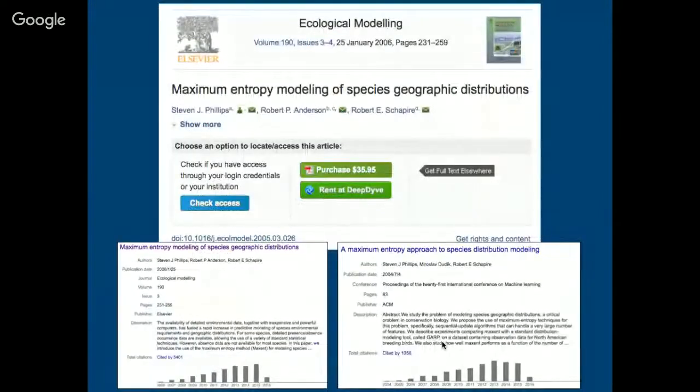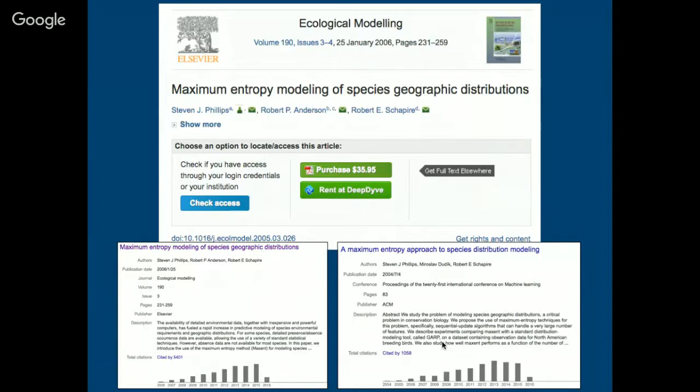Another important early paper, late paper or end of beginning paper, was this one. And actually there were a few early publications of the maximum entropy algorithm. Here's one by Stephen Phillips and Anderson and Shapire, published in Ecological Modeling. I wanted to include views of this paper, but of course it was published in an Elsevier journal, so it would have cost me $36.